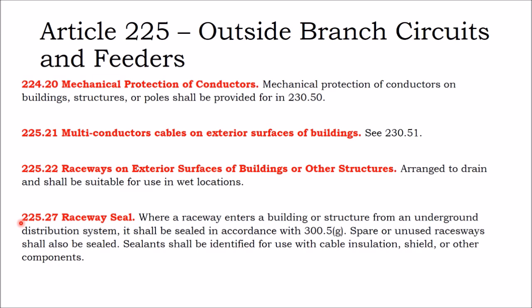And you might say, well, I have a NEMA 3R combiner box, and NEMA 3R is water and rain resistant, so I don't need to worry about that on a NEMA 3R box. So I'm going to skip over the raceway seal. Well, the problem is, if you're in a humid environment and you have cool air inside the building or below the conduit and warm air up above, you're going to get condensation occurring inside your conduit.